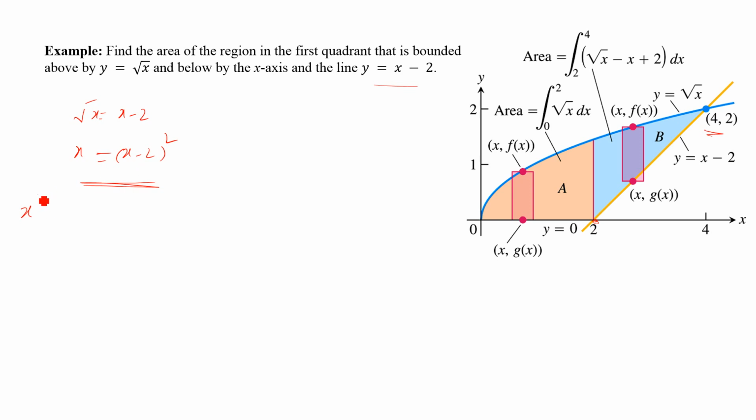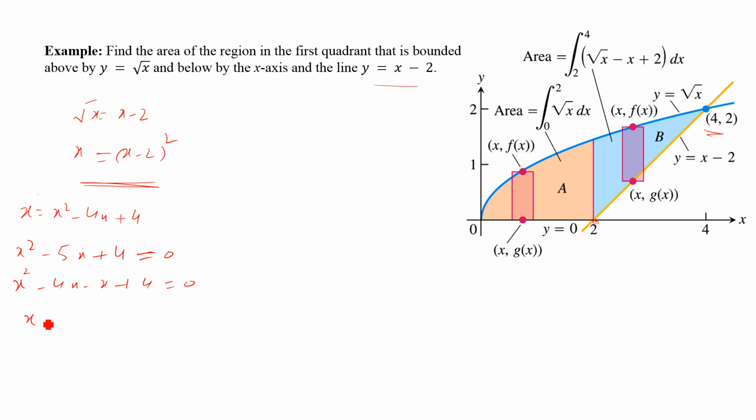We have x is equal to x squared minus 4x plus 4, and we have x squared minus 5x plus 4 equal to 0. Now factorize it: x squared minus 4x minus x plus 4 equal to 0.